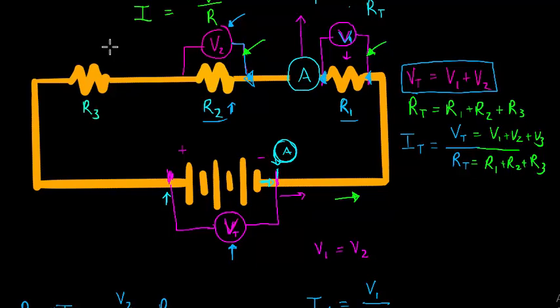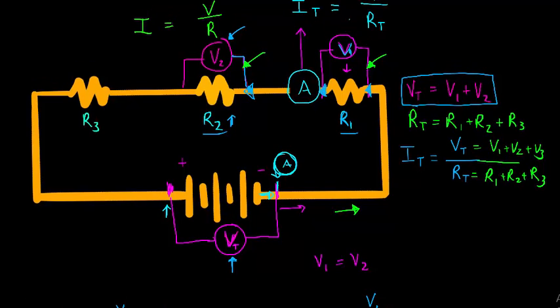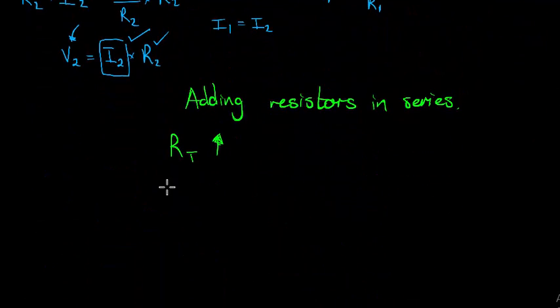So if I add another resistor, 3 resistors now, again I'm increasing the resistance. Now when I increase resistance, remember, current is inversely proportionate, which means that an increase in total resistance will decrease the total current.